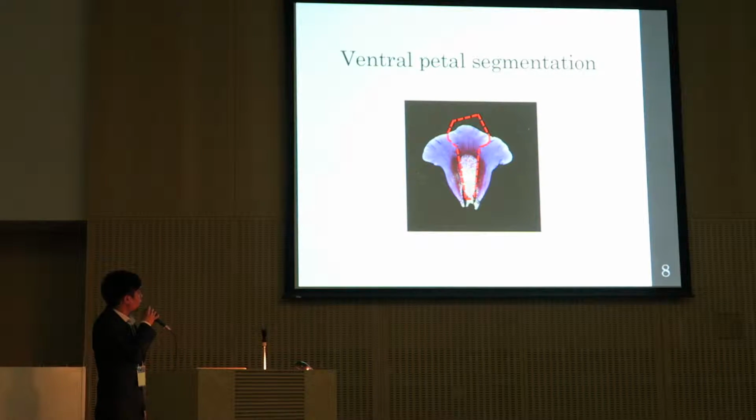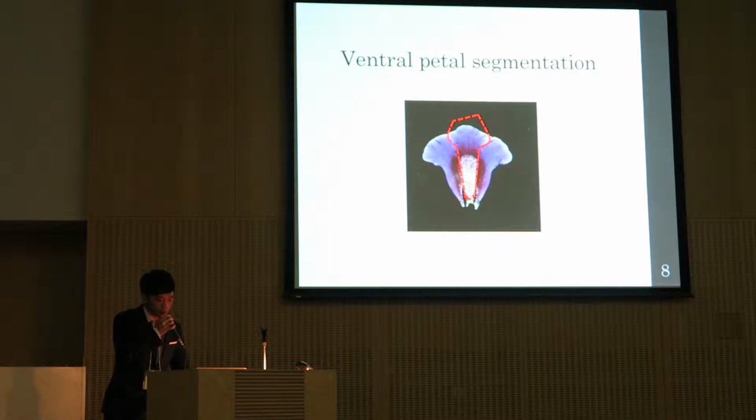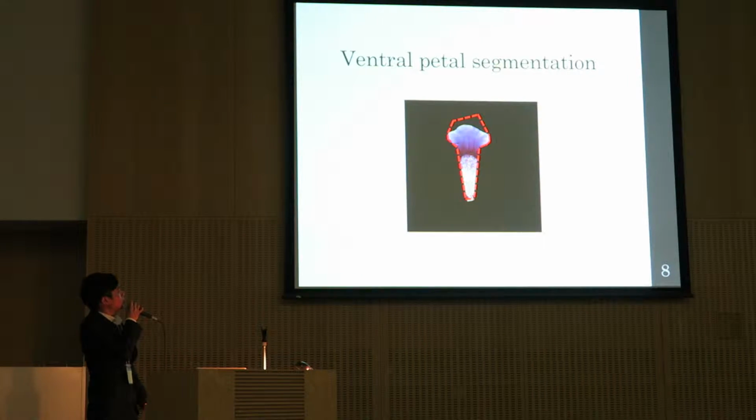The region outside the polygon was considered as background, and the region inside the polygon was considered as the ventral petal and a part of background. So we can use Otsu thresholding to remove the background.